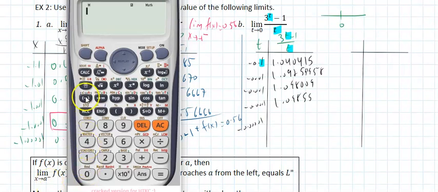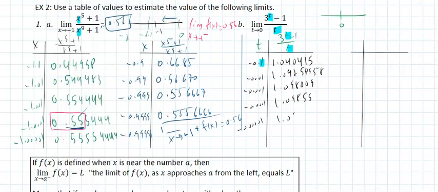So if I take negative 0.1234 and a 1, and if I have to reinvent it again, 3 raised to the answer minus 1 divided by answer. 1.0986.